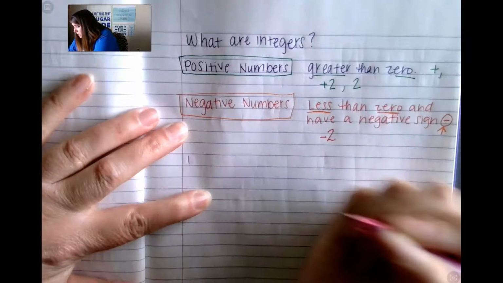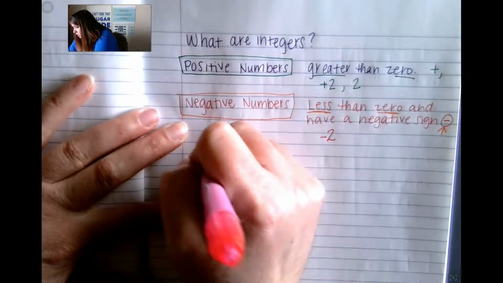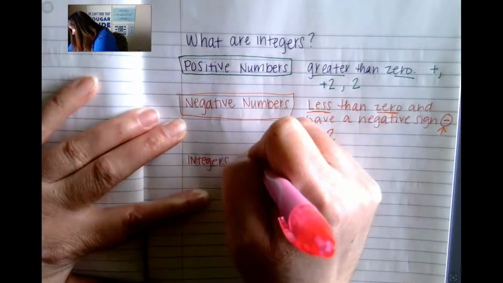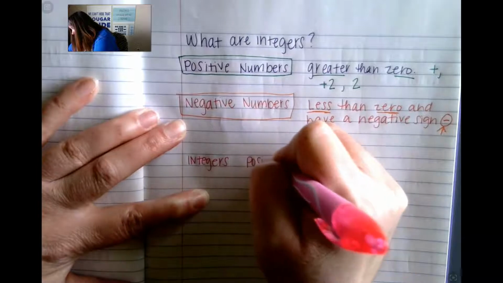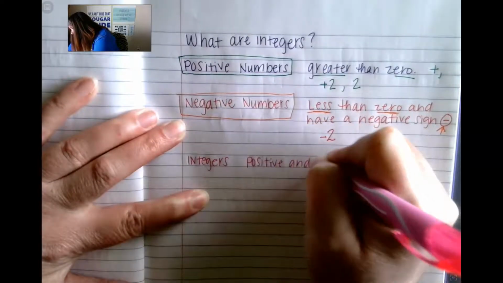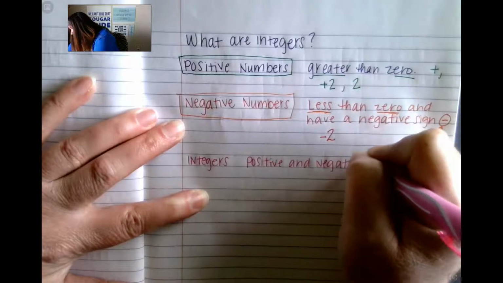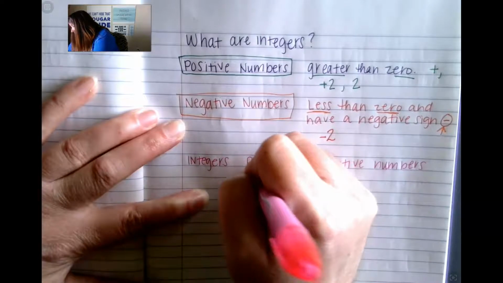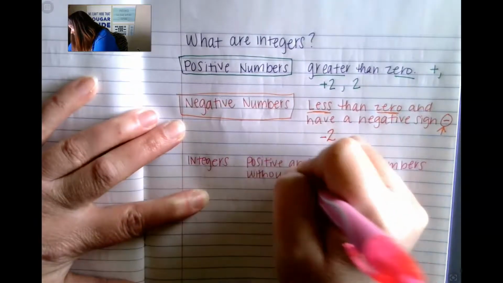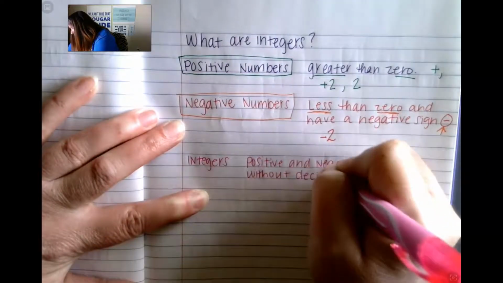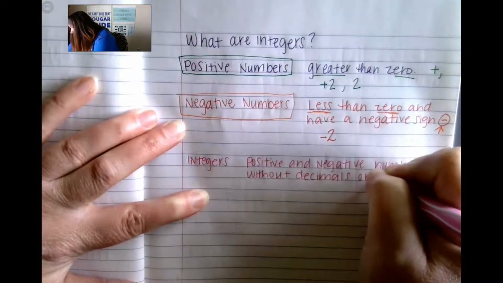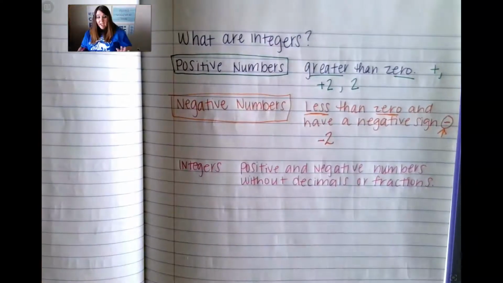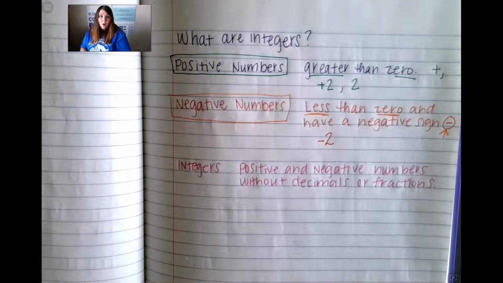So integers is our word, integers, and these are positive and negative numbers without decimals or fractions. So just a regular run-of-the-mill number that doesn't have a fraction or a decimal.